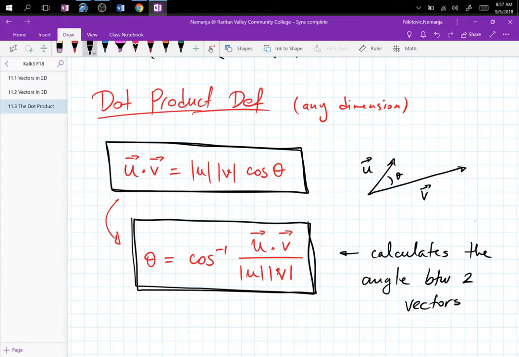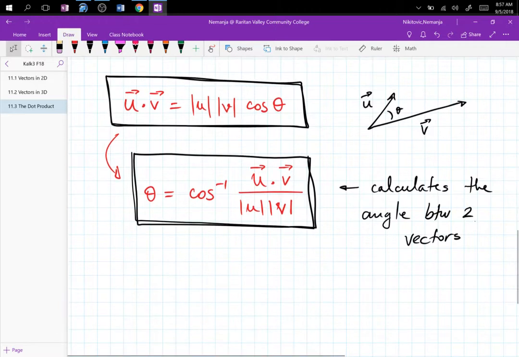What should be the angle between vectors i and j? Prove it. So prove that i and j vectors are 90 degrees.